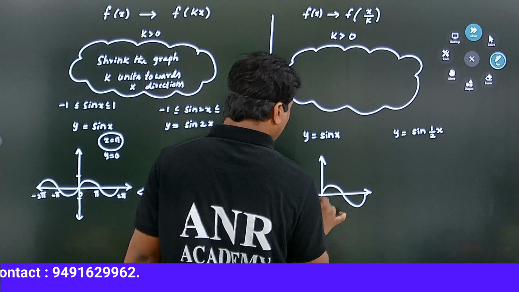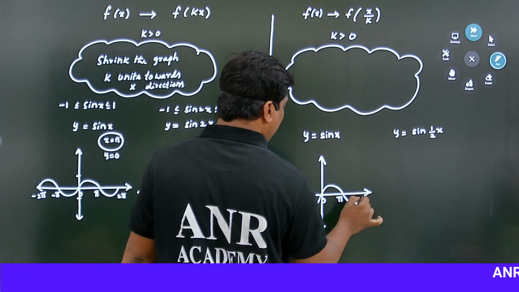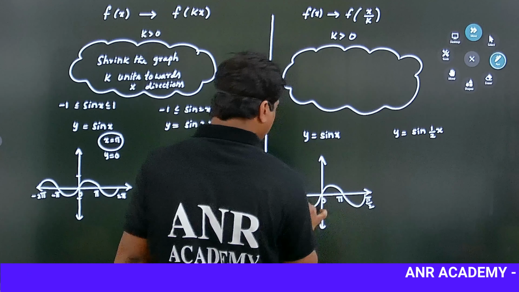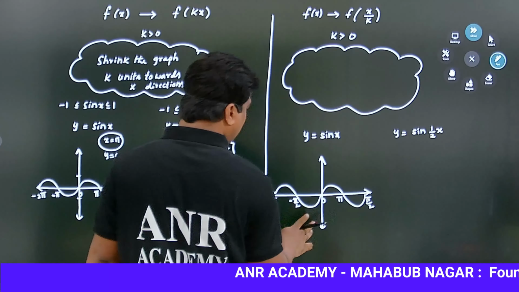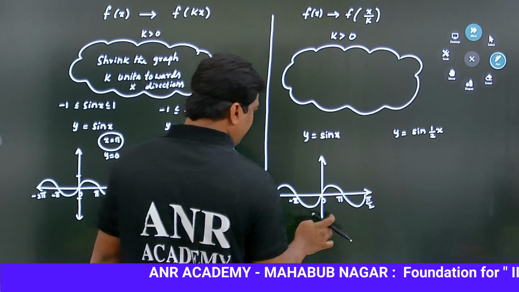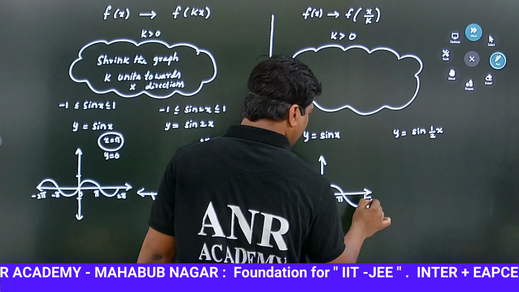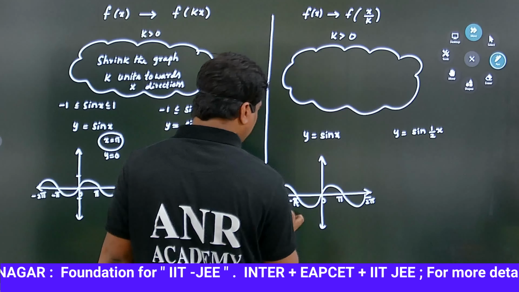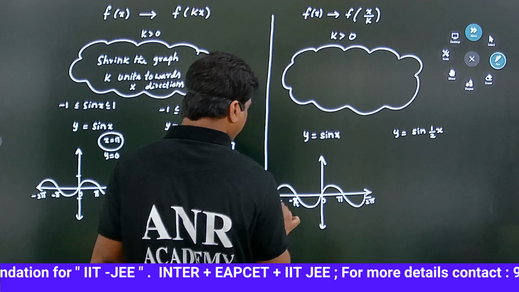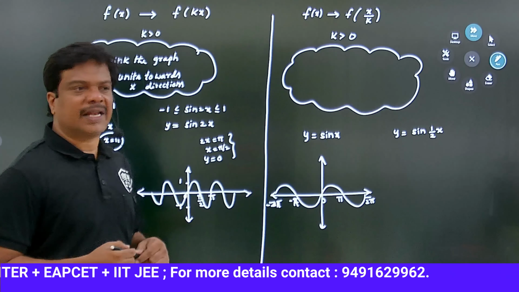In the limited boundary I am going to draw the graph. Here it is 0, pi, pi by 2, minus pi, and this is 2 pi, this is pi, and here it is minus 2 pi. Okay, this is the standard graph of sin x.